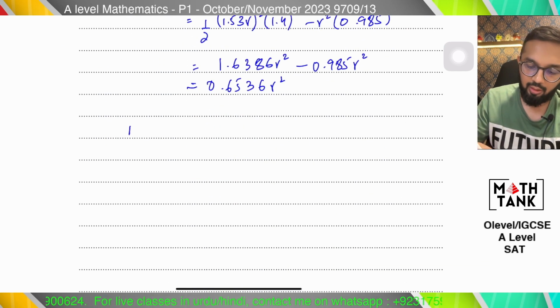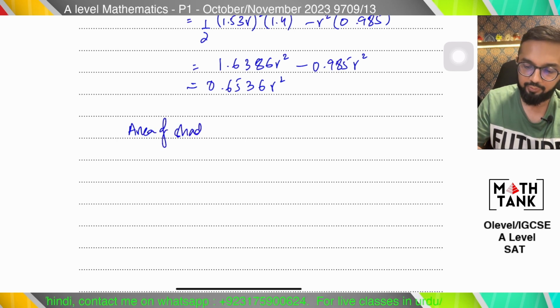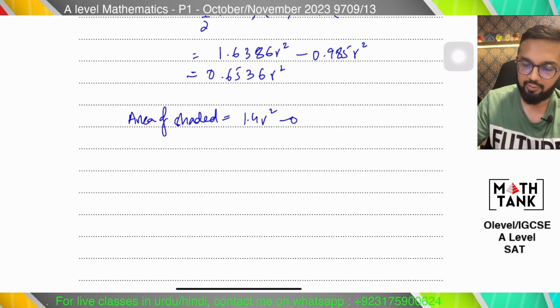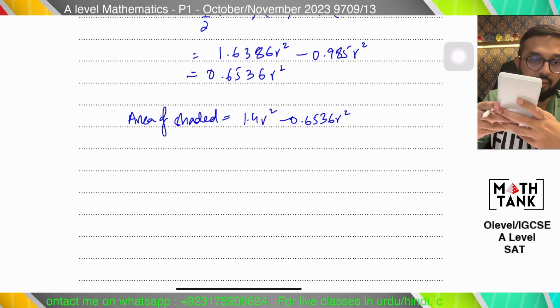Subtracted from 1.4 r squared from the top. 1.4 r squared was the area of the large sector. See if I get the correct answer.